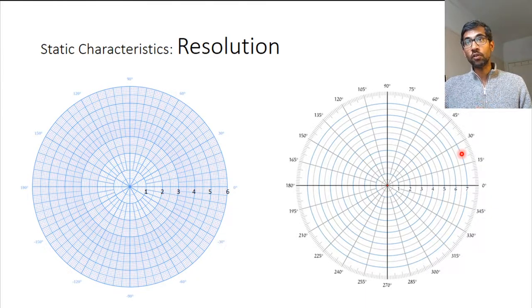The only thing that you know if your point is somewhere here is that your angle is between 15 and 30 degrees, but you cannot really quantify the angle more than that. Of course, that's the reason why they give these gradations at the circumference, so that it helps you to define your resolution a little bit more.